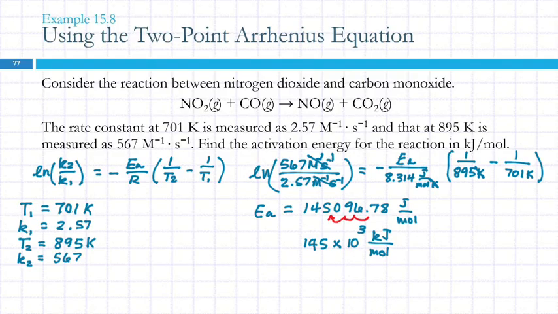Because you know it's like 10 to the 3 kilojoules. Like 10 to the second. Yeah. So that's 150. And I've got 1450. I'm off by a factor of 10.